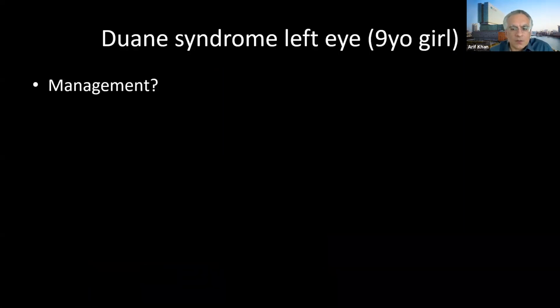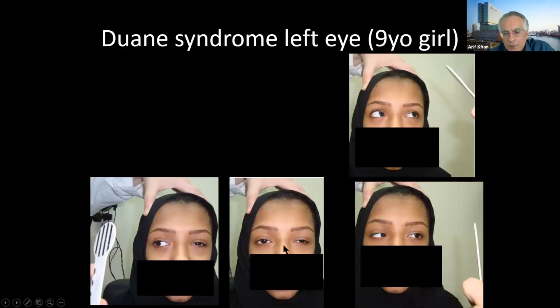So how do we manage such a patient? Well, this is quite a problem now because in Duane syndrome, the medial rectus to start off with is quite tight and contracted. Now we have a situation where the medial rectus is tight and contracted and recessed in this eye. So it's going to be very difficult to bring that medial rectus forward.